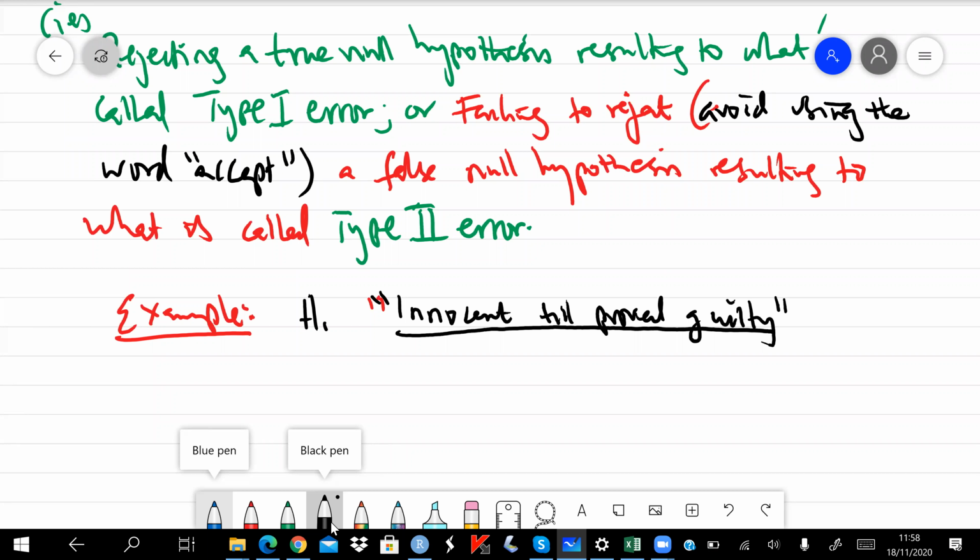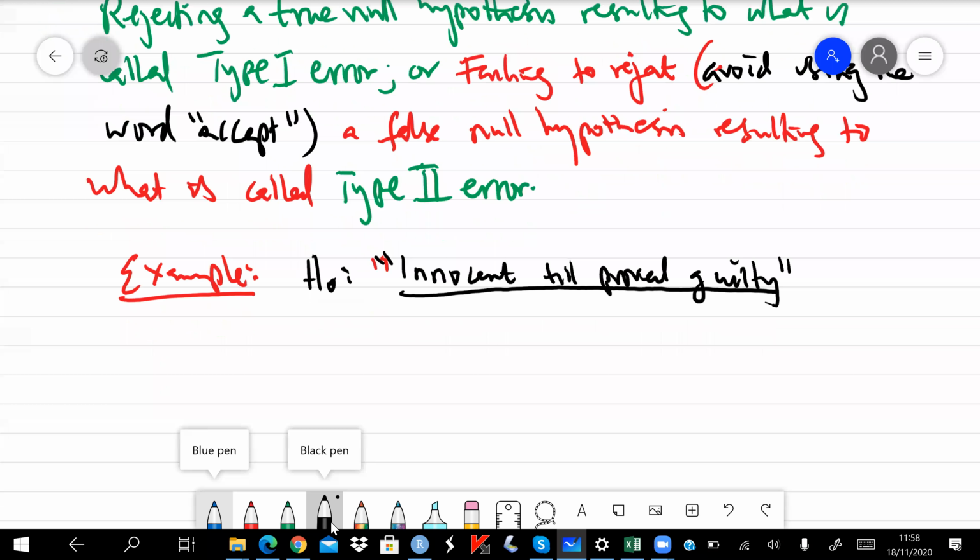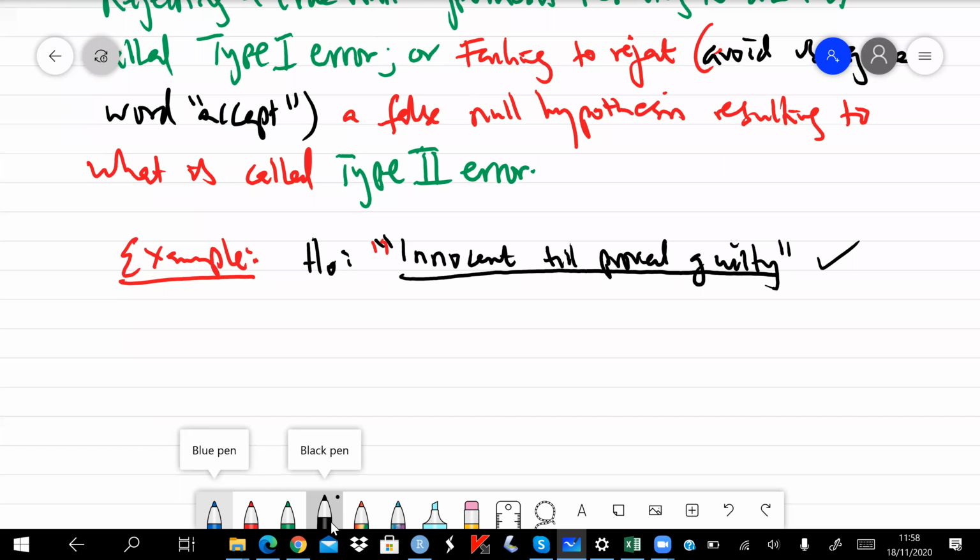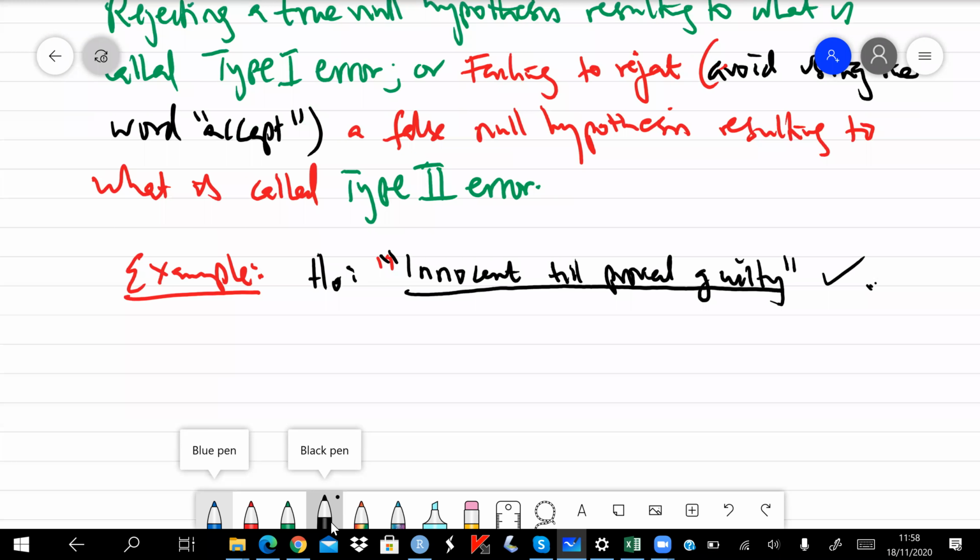So this is like a null hypothesis. Because we have this hypothesis, it is the work of the prosecutor to collect evidence with an objective of rejecting this statement. And that's what we said. The objective of hypothesis testing is to collect evidence so as to reject the null hypothesis. So the prosecutor will collect evidence to help in rejecting this particular statement and prove that the guy is actually not innocent.